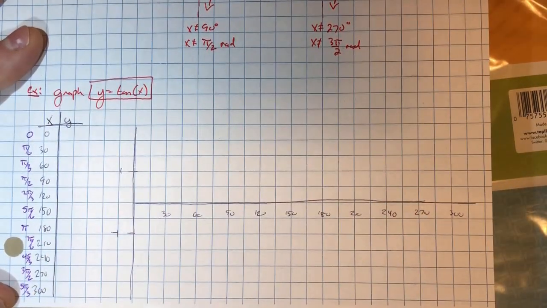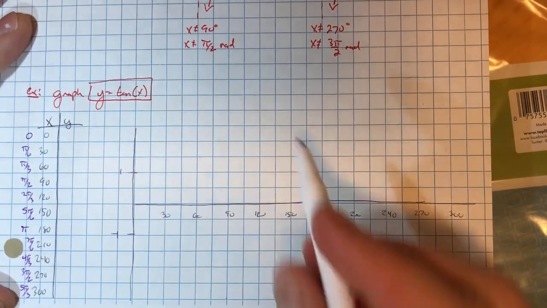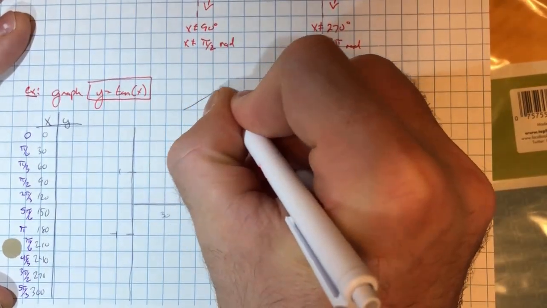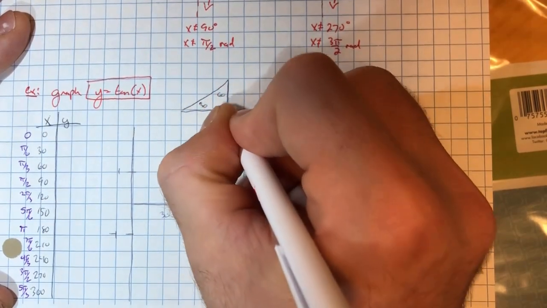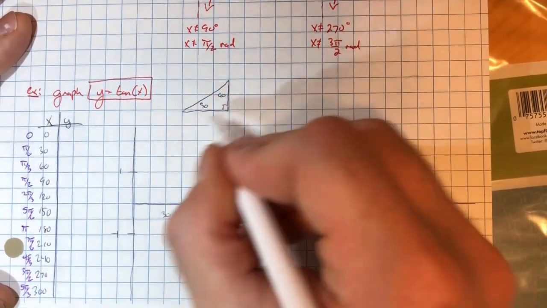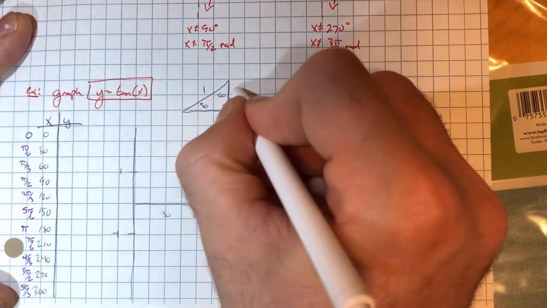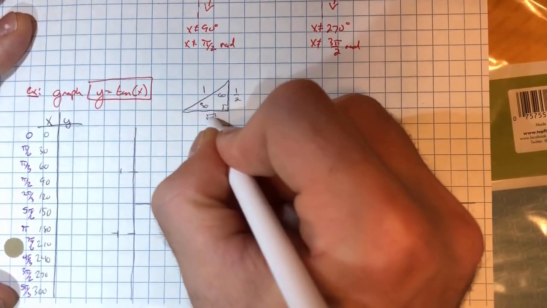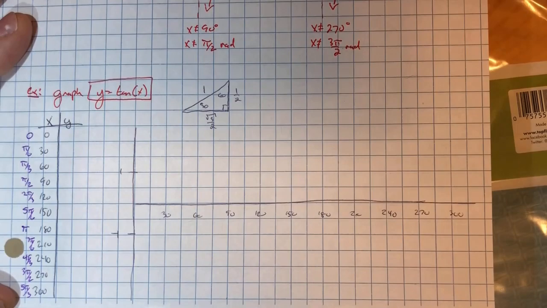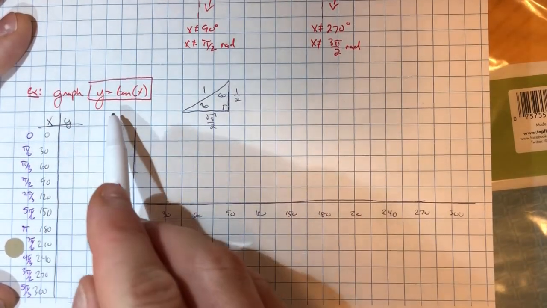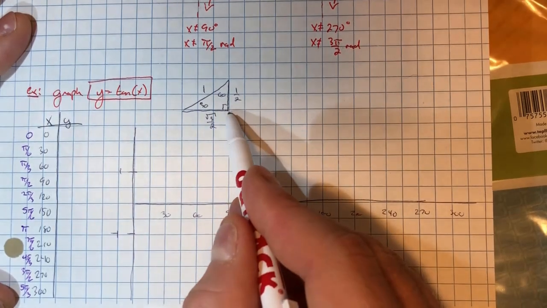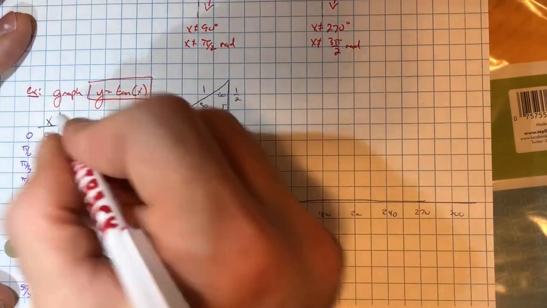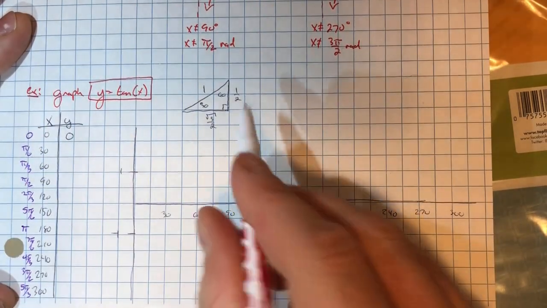And so when we actually fill out this graph, instead of using the 45, 45, 90, we're dealing with the 30, 60, 90. And we know that its special values are going to be 1, 1/2, and the square root of 3 over 2. And so as we work our way up, we know our first y over x is going to be at 0 degrees, we don't have a y value. So we have 0.